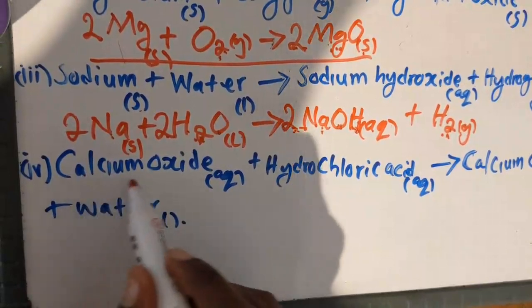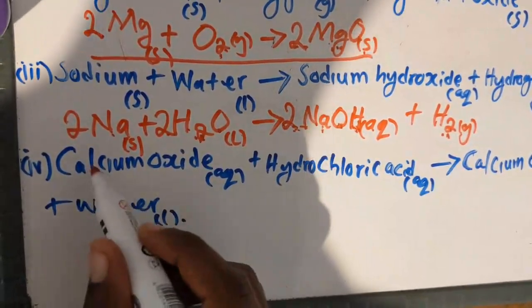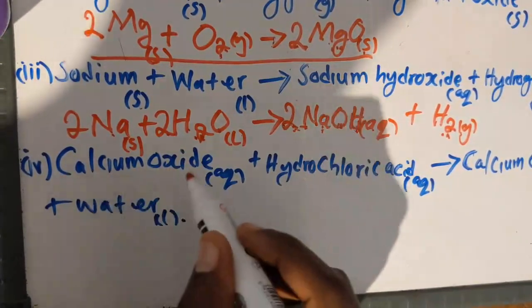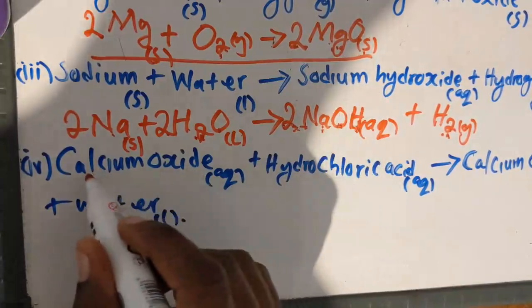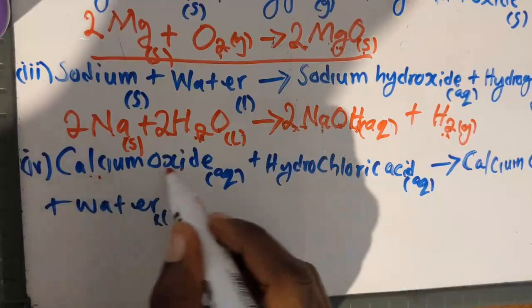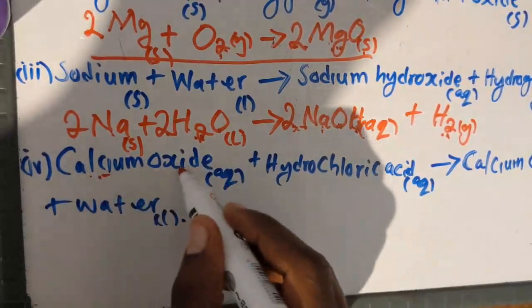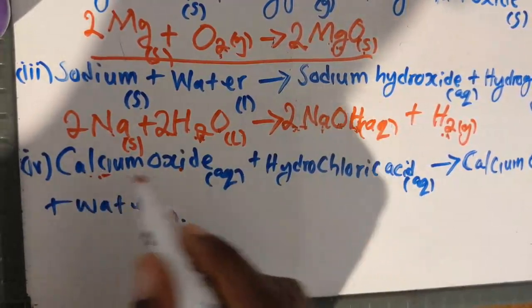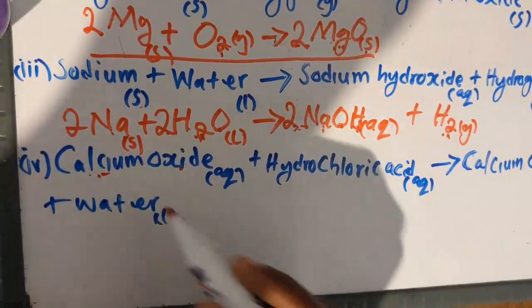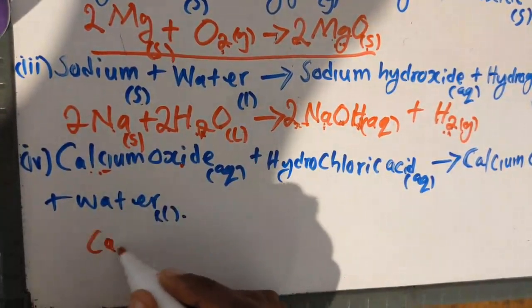Now the last one, here we have what? This is calcium oxide. You know that calcium is in group 2, and oxygen, this is a combination of calcium and oxygen. So calcium is in group 2 and oxygen is in group 2, meaning that this has 2 and this has 2, meaning that they are going to cancel their valence numbers, meaning that we are going to have calcium oxide.